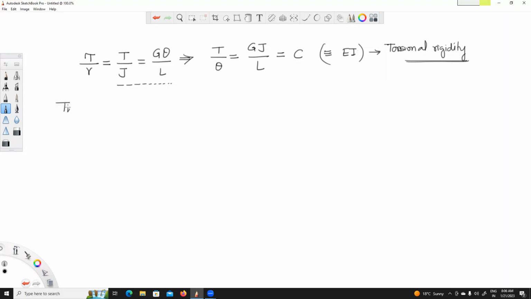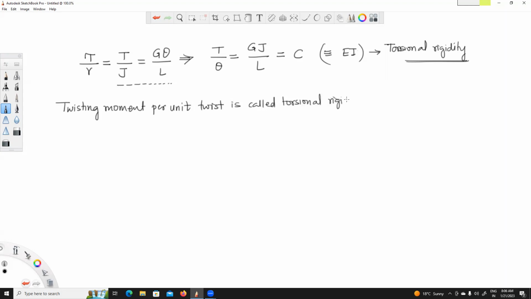So let me write this. Twisting moment per unit twist, or twisting angle, is called torsional rigidity.